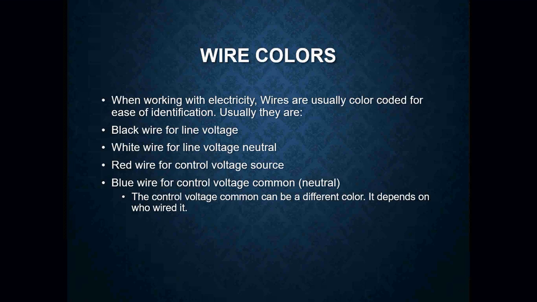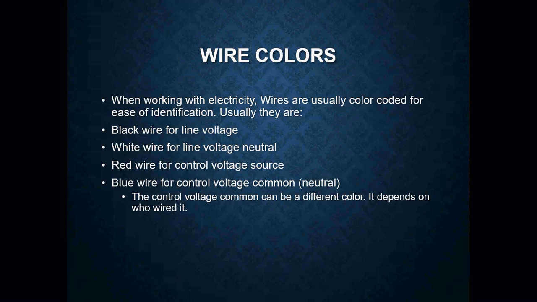Red wire is usually our control voltage power source. And usually blue is our control voltage common, or sometimes we call it a neutral. But depending on who wired these units, the control voltage common can sometimes be a different color. You just have to look at your wiring diagram and figure out which one is what.